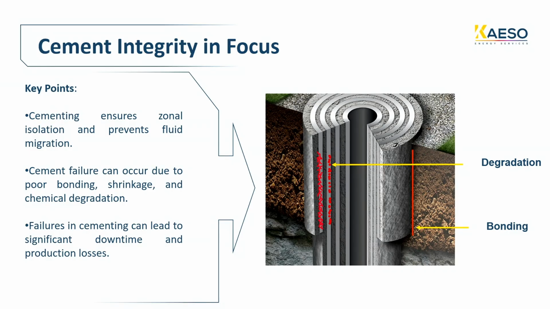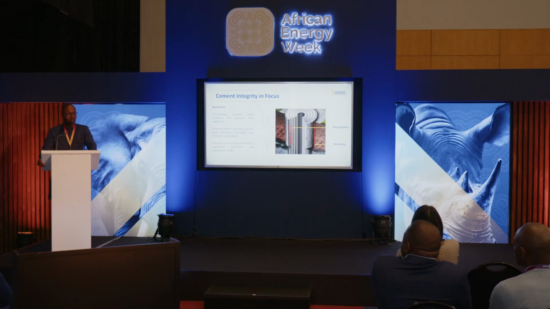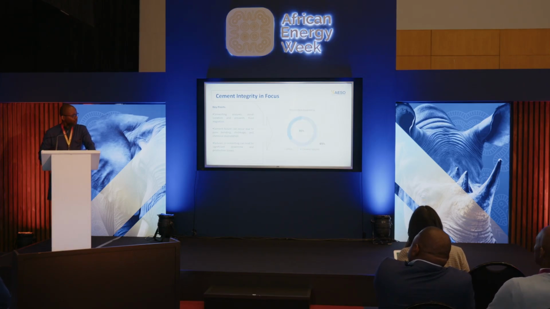We can have poor bonding, that's one of them. We can also have degradation of the cement due to contact with fluids. And we can also have problems of shrinkage with the cement itself. Now, this will all affect production, and in some cases, it can also lead to a complete shutdown of the well. So the challenges are many.